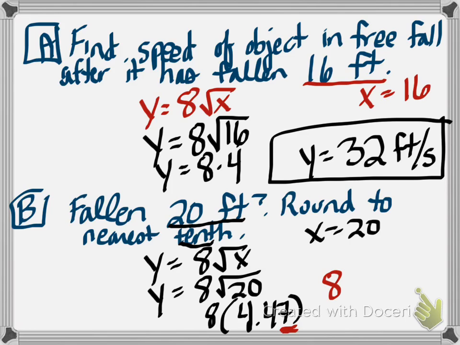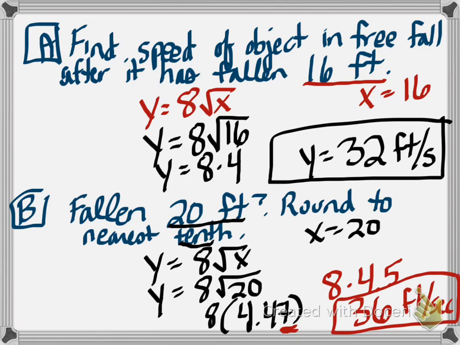So I have 8 times 4.5, and 8 times 4.5 is 36. So the object speed is 36 feet per second. So in example 1, you're using a new formula and then just plugging in the number you're given.